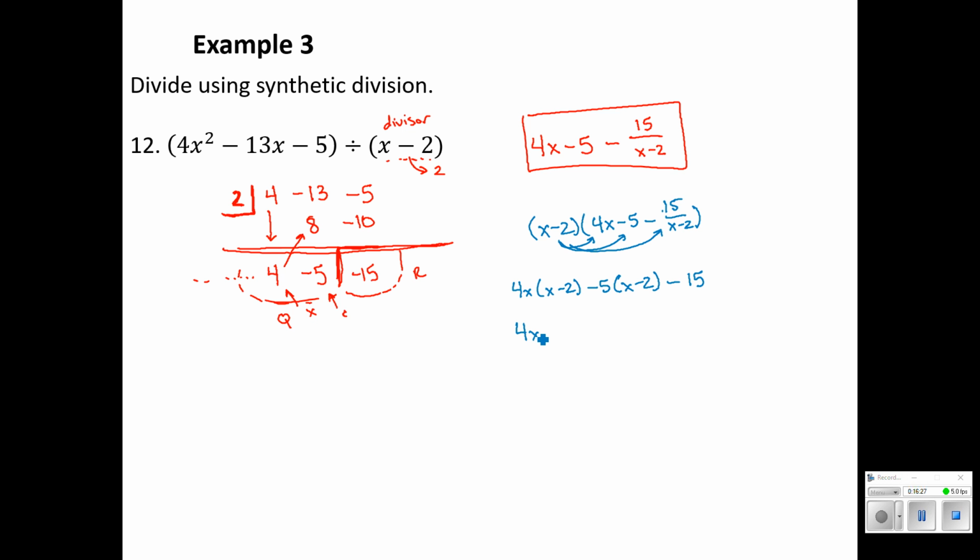If we distribute and combine like terms, you'll see that we get right back to what we were dividing away from in the first place. So it doesn't take terribly long to check, and the multiplication is a nice way to check the division that we've done. Do we get back to where we started?